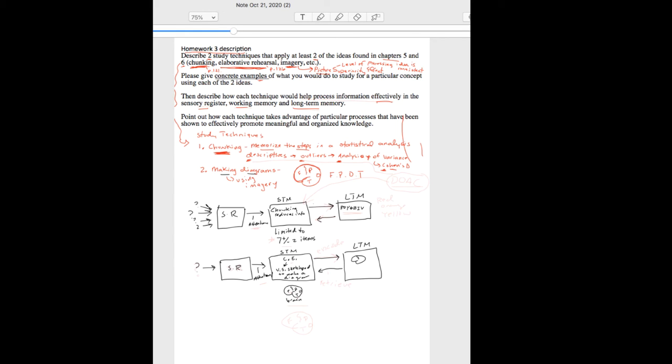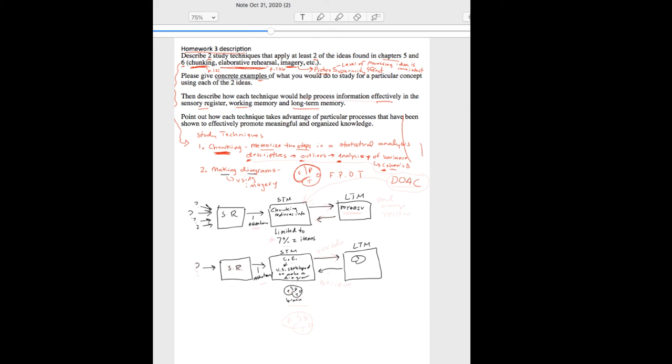So if you've taken Psychology 101, some of these are probably going to be familiar to you. It's helpful sometimes to remember a list of items, and so we can use chunking, where maybe I take the first letters: D for descriptives, O for outliers, A for analysis of variance, and C for Cohen's d.